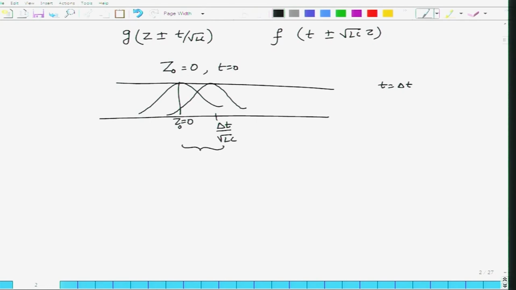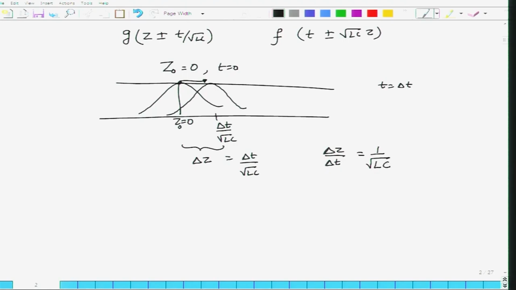This is the change that has happened in delta z. The location of the peak has changed by a distance delta z, which is given by delta t divided by square root of LC, and if you take the ratio of delta z by delta t, which will give you the velocity at which this peak is moving along the positive z axis, that will be the velocity of the wave, and that velocity is given by 1 by square root LC.